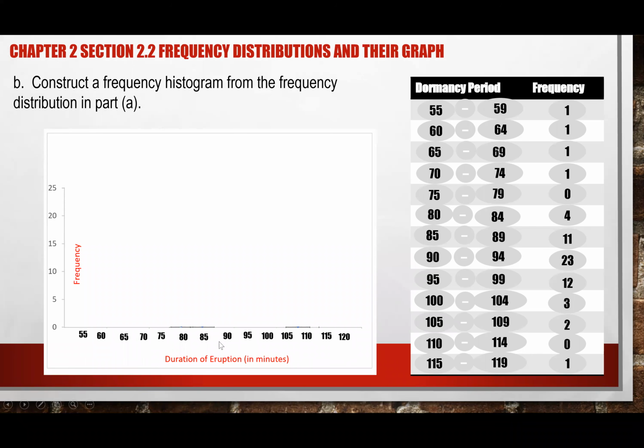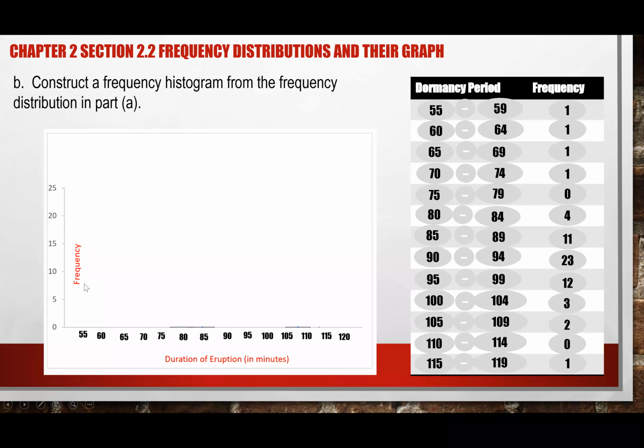And again, I think the name of my data is wrong. I think it's the dimension rather than the duration of the eruption. Anyway, make sure that your horizontal is your data and your vertical is your frequency.